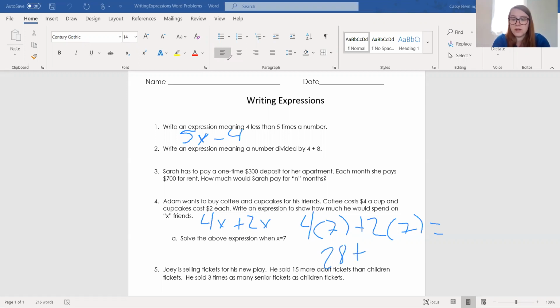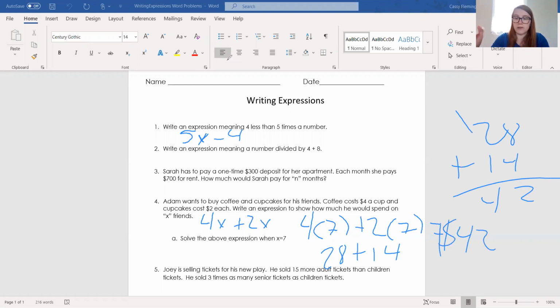And we know 7 times 2, 7, 14. 28 plus 14, 8 plus 4 is 12, 1, 2, 3, 4, 42. So it would cost him $42 if he bought 7 friends, cupcakes, and coffee. I'll do one more for you on this.